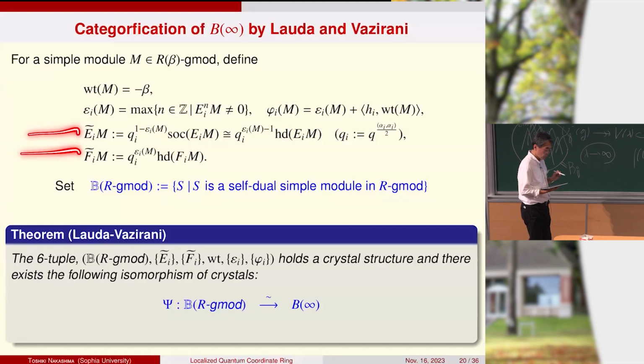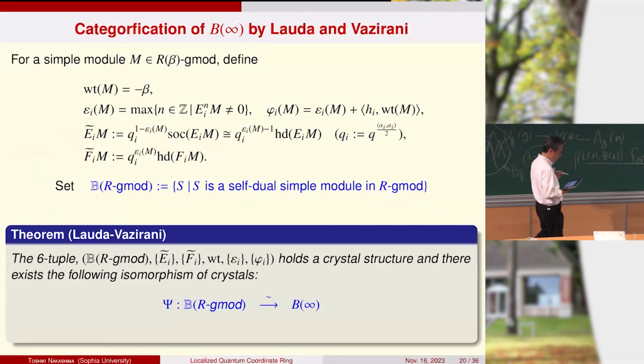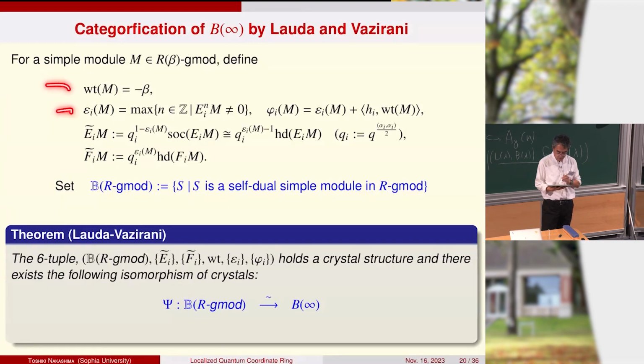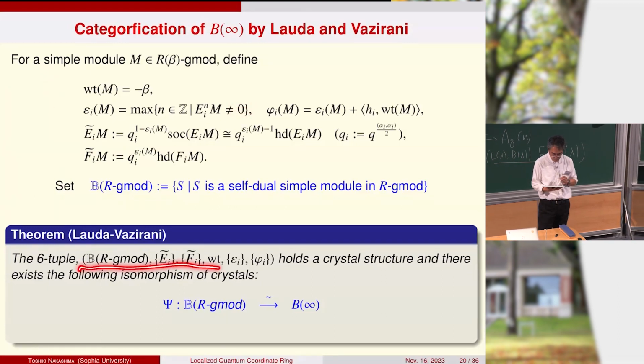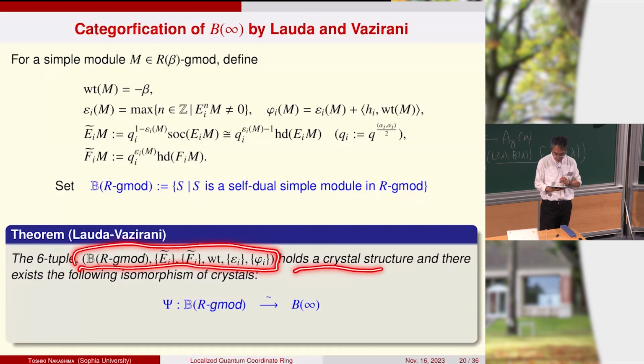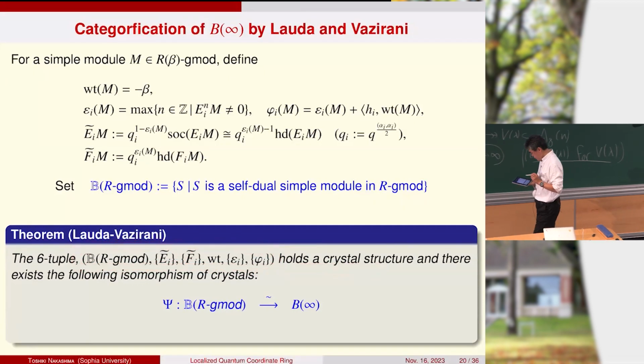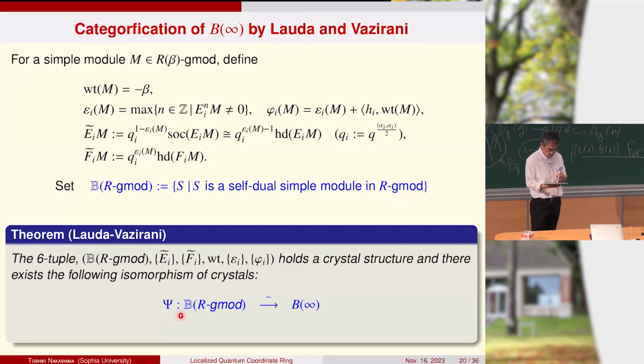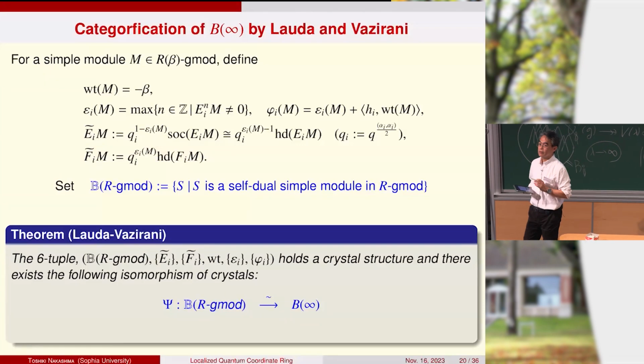This is the action of the Kashiwara operators. Then they show that this six-tuple holds the crystal structure, and there exists the following isomorphism of crystals from here to B(infinity). This is isomorphic as crystals. Okay.